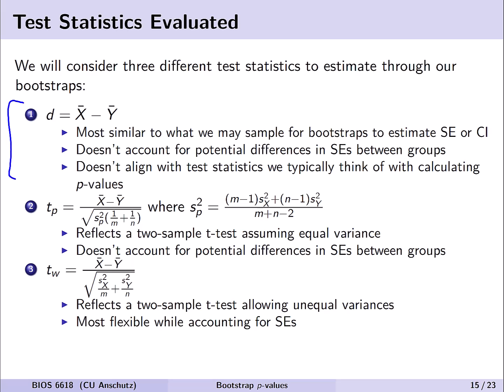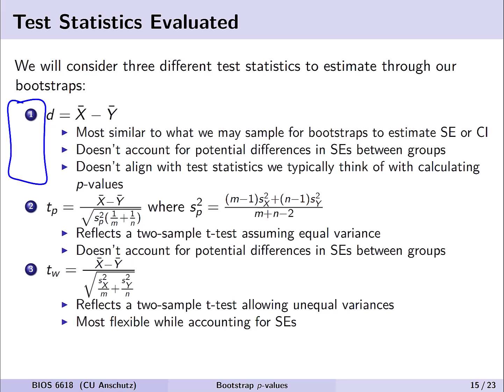So the first statistic of interest here, which we're calling D, will be equal to just the mean of x minus the mean of y. And this is really what I think of as the most similar to what we did previously for bootstraps in estimating the variability or standard error of a statistic and or its confidence interval. Essentially, we're interested in the mean difference, so we estimate and bootstrap the mean.